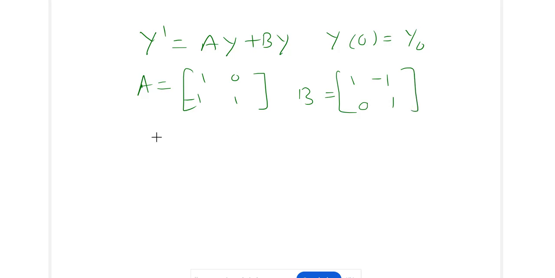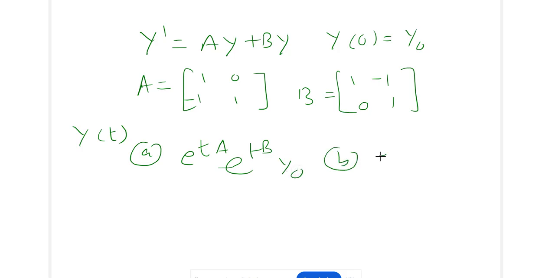Then y of t is defined as: option A, e power tA into e power tB into y naught.